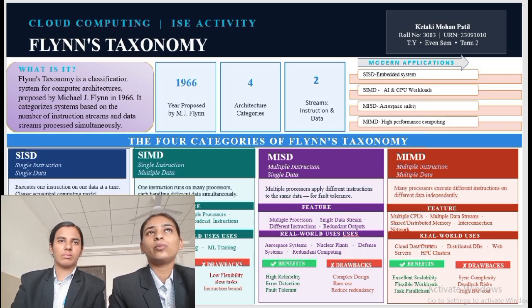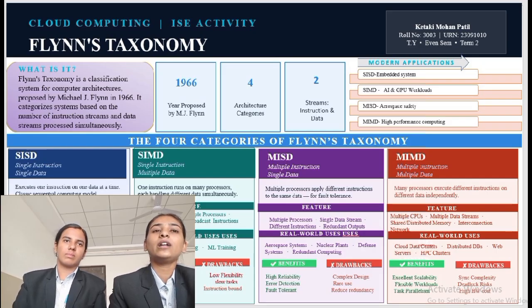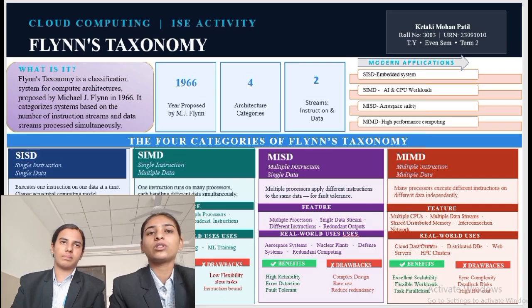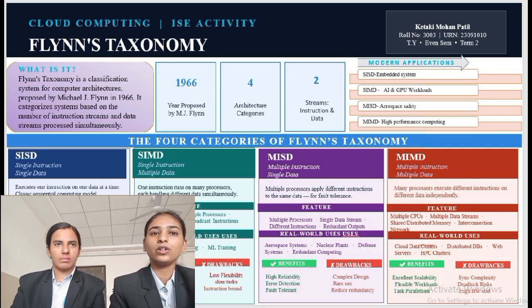For example, cloud computing handles multiple data centers and multiple users, and provides services for these multiple users at the same time. So basically, MIMD is the backbone of the cloud system, which is very important to smoothly run various kinds of operations in the cloud. And SIMD is the power of AI.